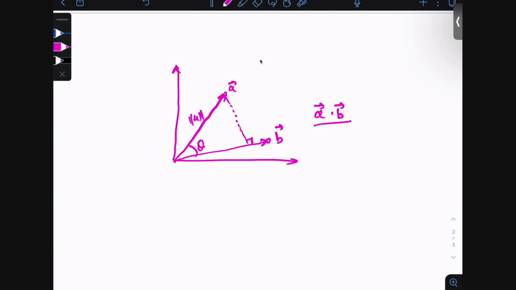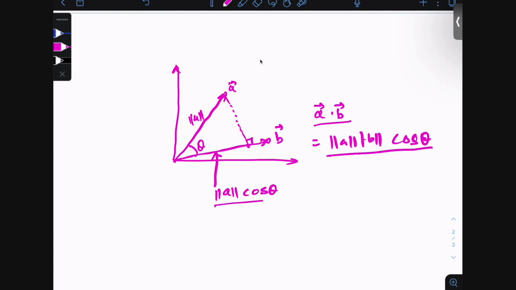So A dot B will be equal to norm A, norm B into cos theta. And this projection, this particular length, will be nothing but norm A, the length of vector A, into cos theta. So this base will be norm A cos theta.